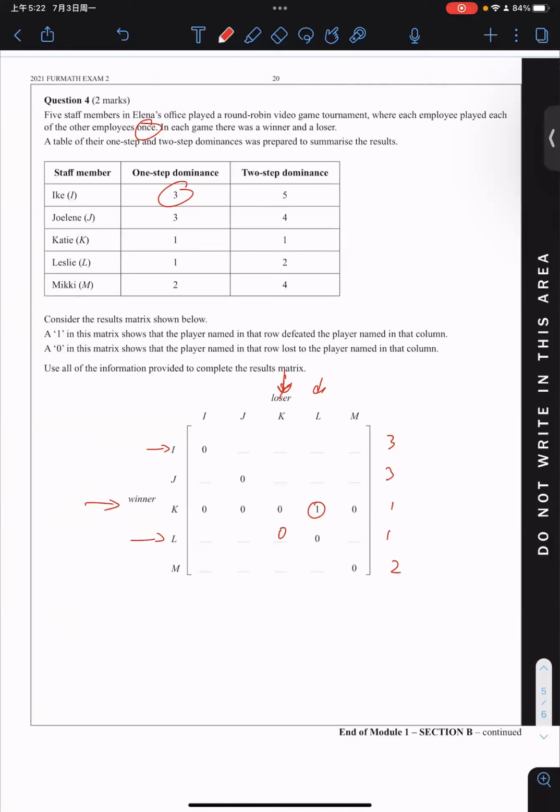So if I wins 3 times, how many times did I lose? 1 time, 1 time, and K lost 3 times, L lost 3 times, M lost twice. Okay. And then follow the numbers.